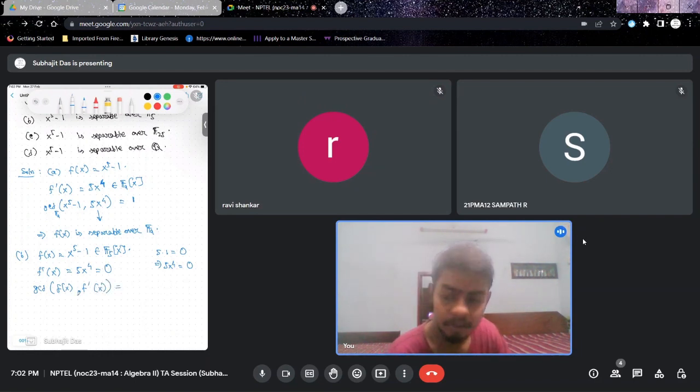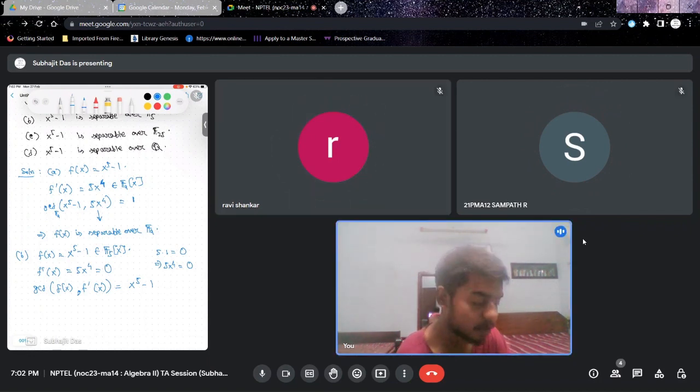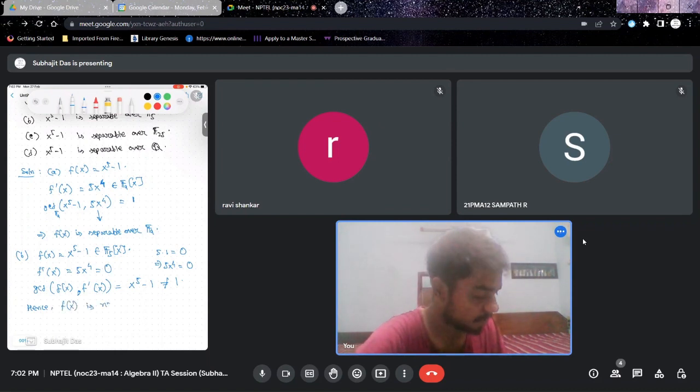No, 0 can't be the GCD. The GCD here is x to the power 5 minus 1. 0 is not even a divisor, right? So the point is the GCD is x to the power 5 minus 1, which is certainly not equal to 1. Hence, f(x) is not separable, right?